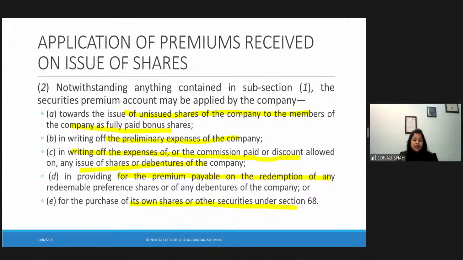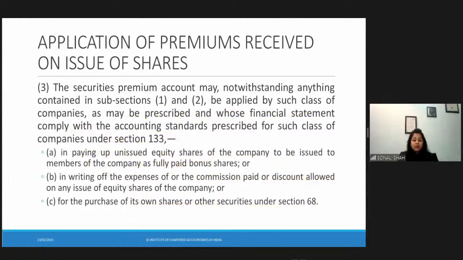As of now, we were talking about the utilization of the amount parked in the securities premium account. Other than that, in case of certain classes of company as may be prescribed, and whose financial statements comply with the accounting standards prescribed under section 133, they can use the securities premium amount for issuing fully paid up bonus shares to the members of the company, for writing off the expenses, commission paid or discount allowed on issue of equity shares of the company, and for buyback of the shares.